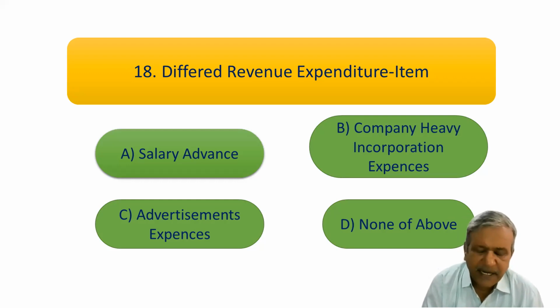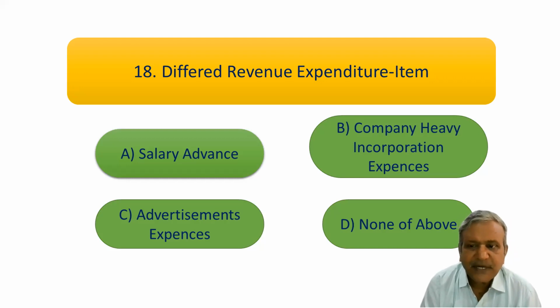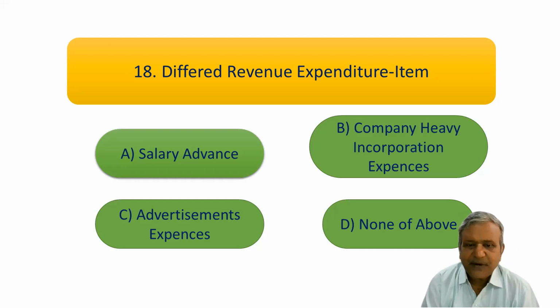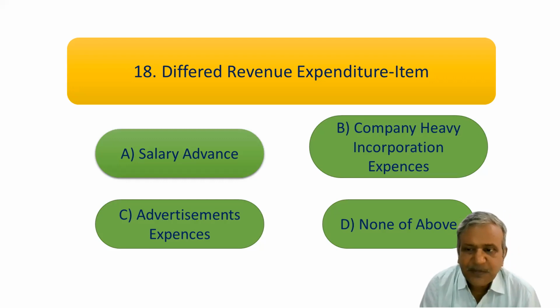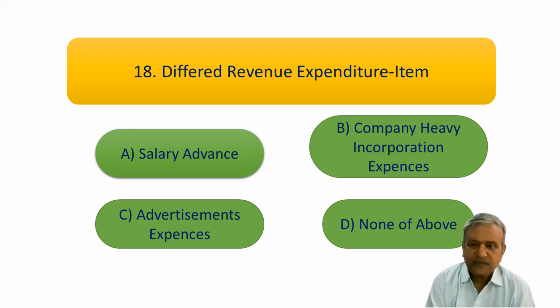Another person spent 10,000 for his friends for a birthday party. Now, the other person has given 10,000 rupees to his friend as a hand loan.